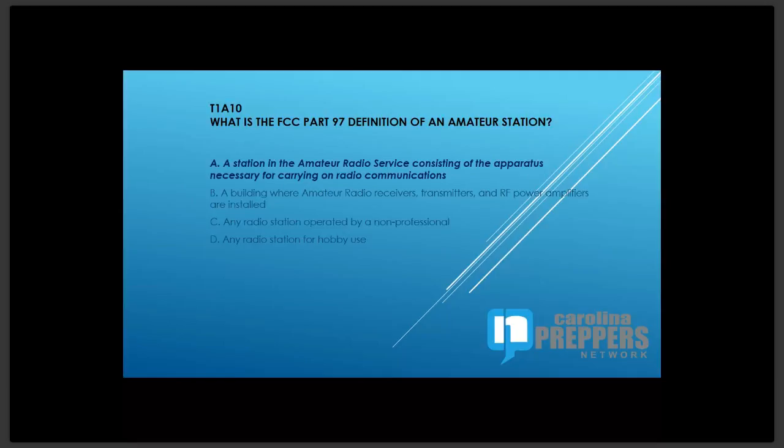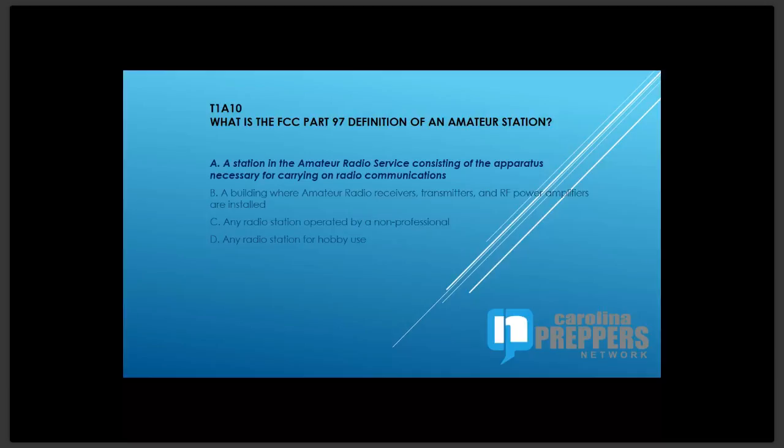How about those that are in emergency communications, and that's what they specialize in? That's not really a hobby. That's a necessity. I don't think you'd want a definition that excludes emergency communication. So it wouldn't be hobby use.